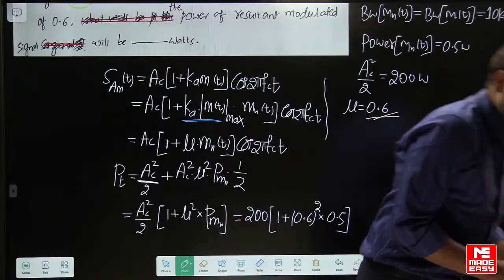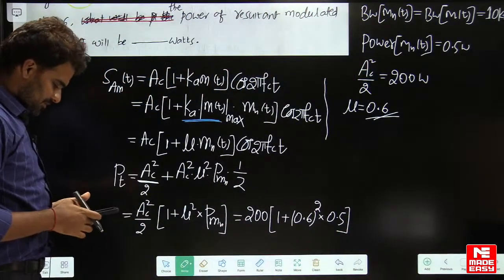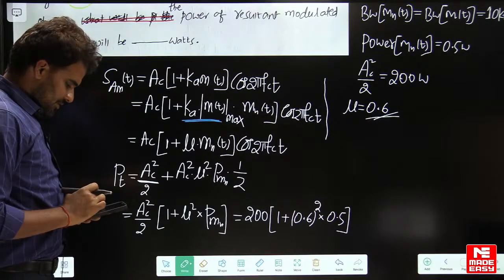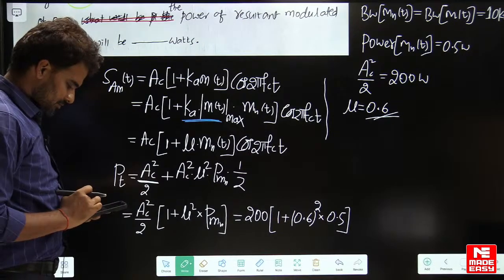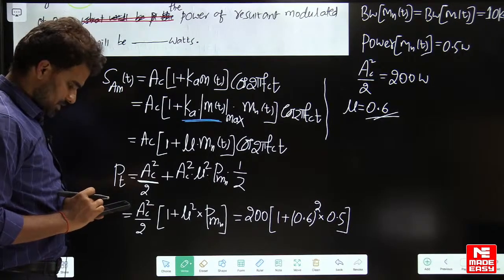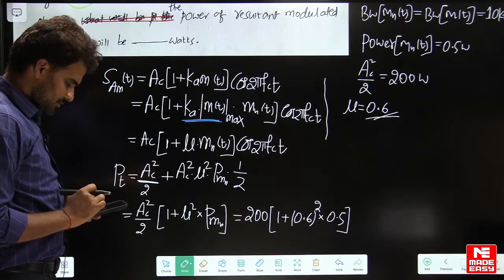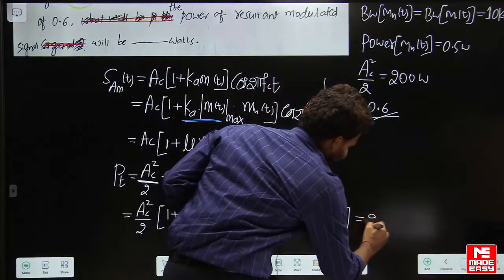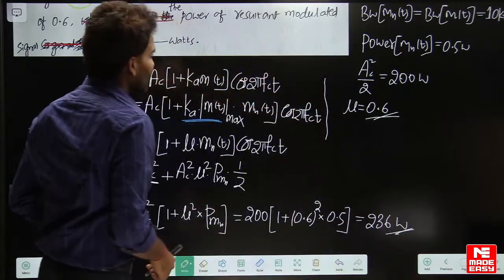So do check with the calculator. Yes, let me check. 0.6 square into 0.5. Yeah, this is 236. 236 watts.